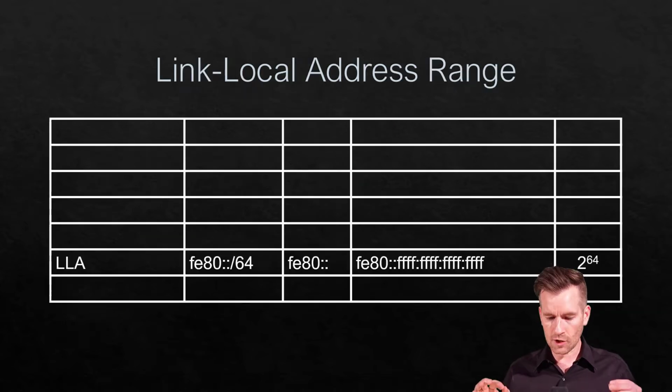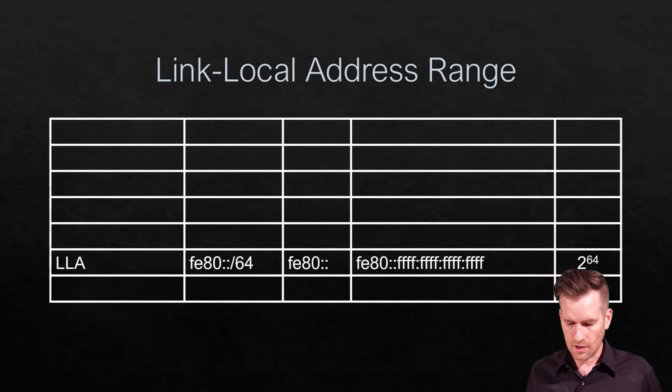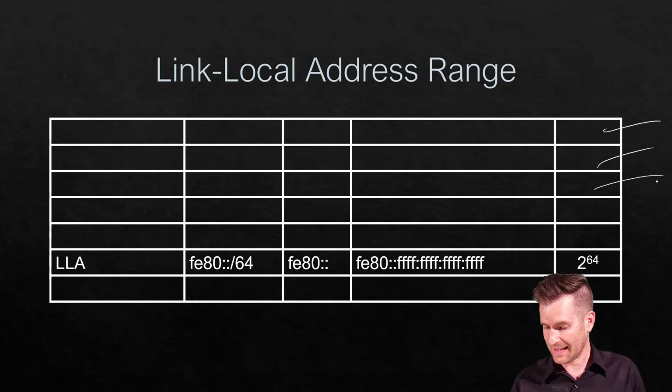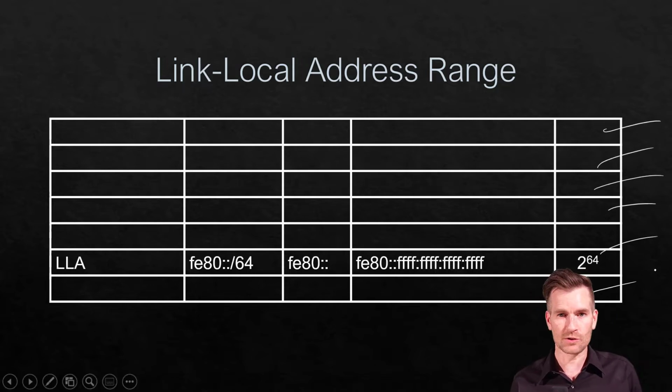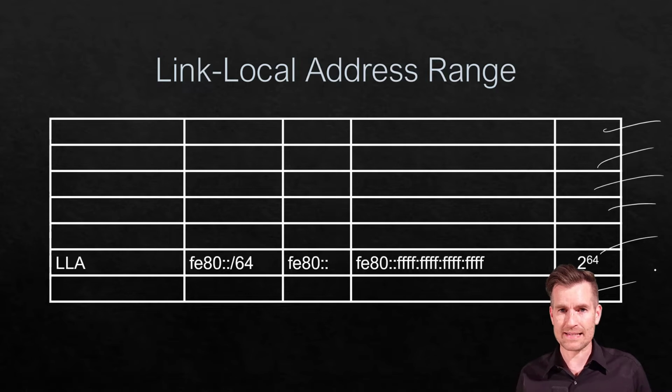All right, so let's take a look at the link local address range, what range will be assigned to your computer. When you look at this, you'll see that I've got a table, and it's got a bunch of rows to it. That's because we're going to expand upon this and fill this in during this video.